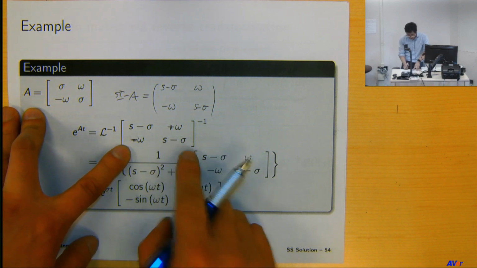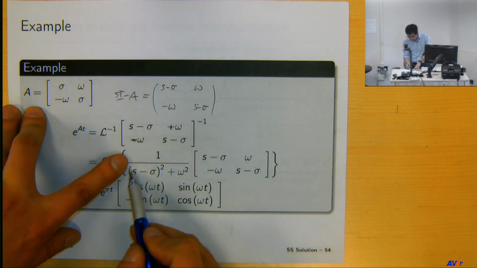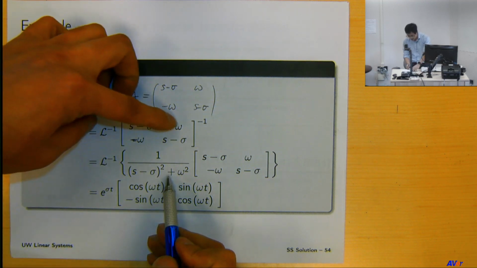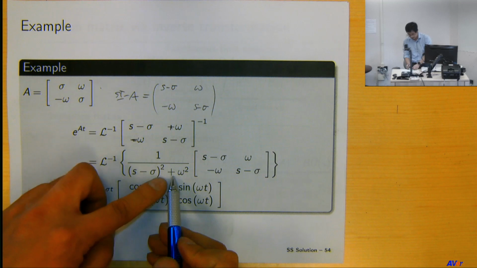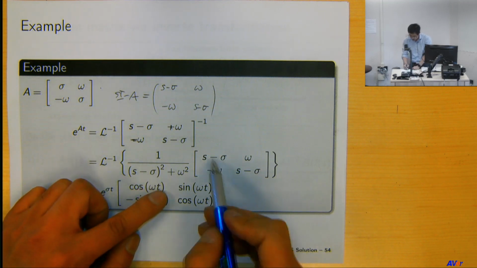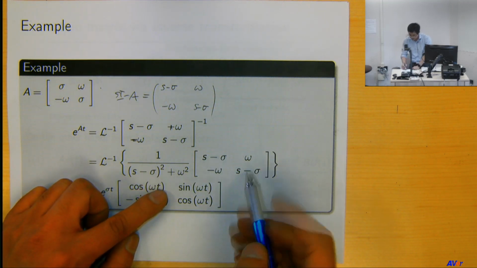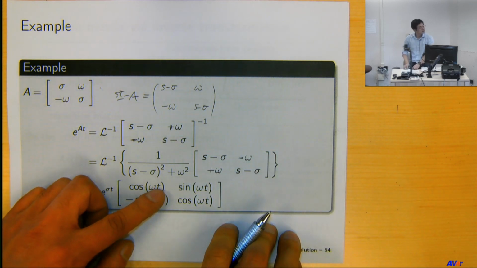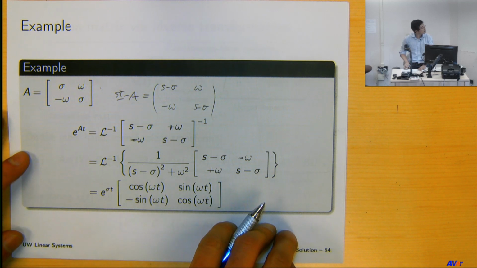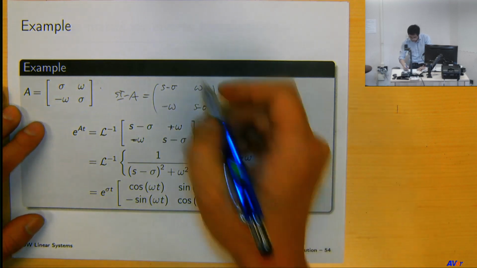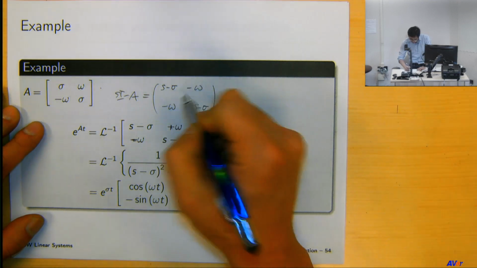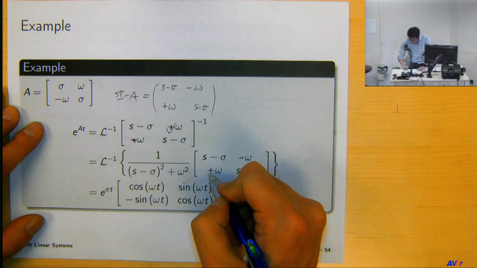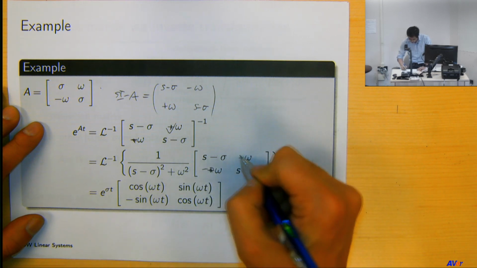That's easy enough. The determinant is (s minus sigma) squared minus omega times negative omega, so it's plus omega squared. I think I have a typo, the top entry should be minus. Yeah, because it's sI minus A. So this is correct.